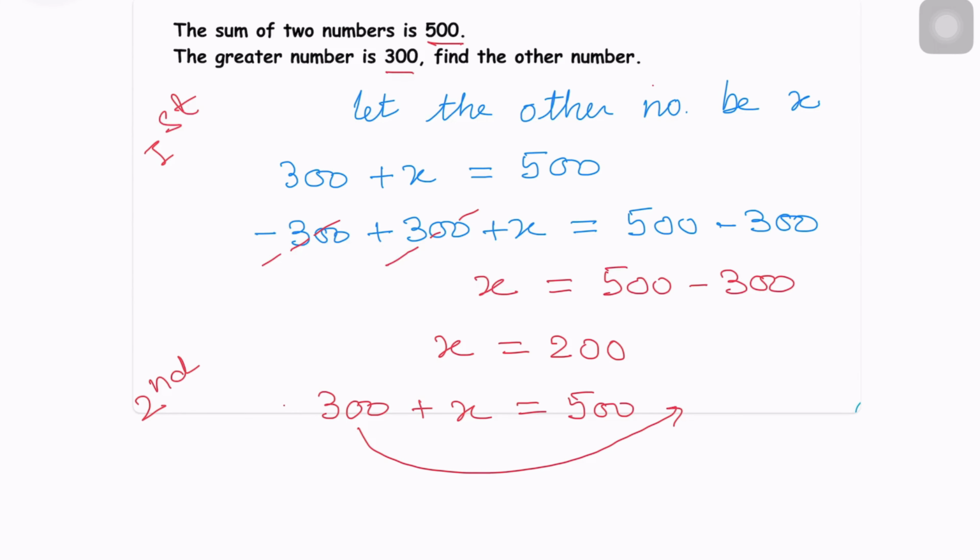As here there is nothing, which means it is plus. So this will remain like this, plus x, or I may or may not write this plus. So it is the same thing. X is equal to 500. 300 is coming this side of the equals. The sign will change. It will become minus. X is equal to 200. Okay, same answer.